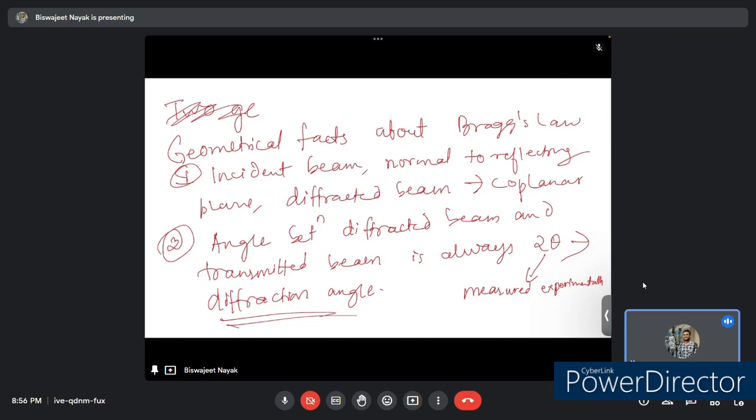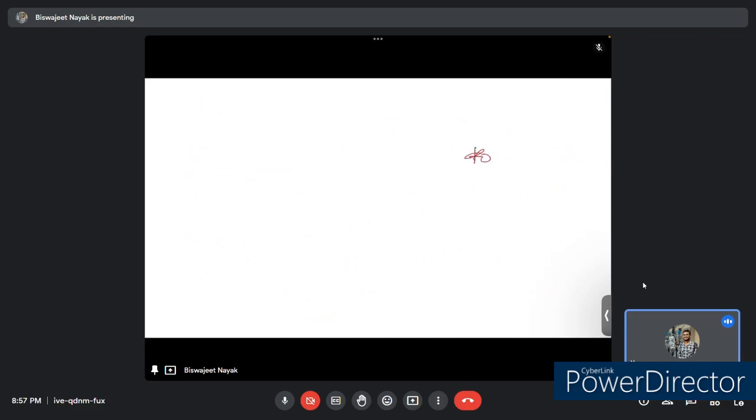And there is a very nice boundary condition on wavelength.